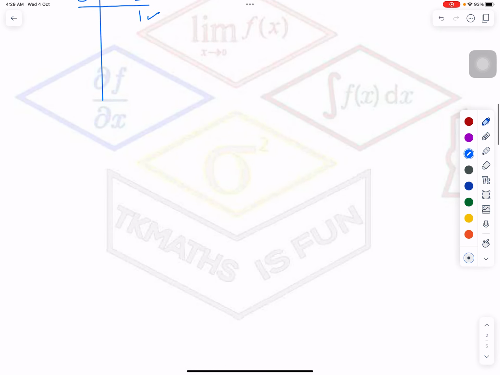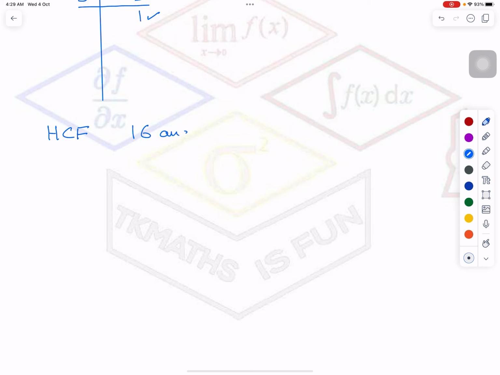Let's pick up for HCF now. So let me pick up, for example, numbers 16 and 36. I'm finding out the highest common factor of 16 and 36.